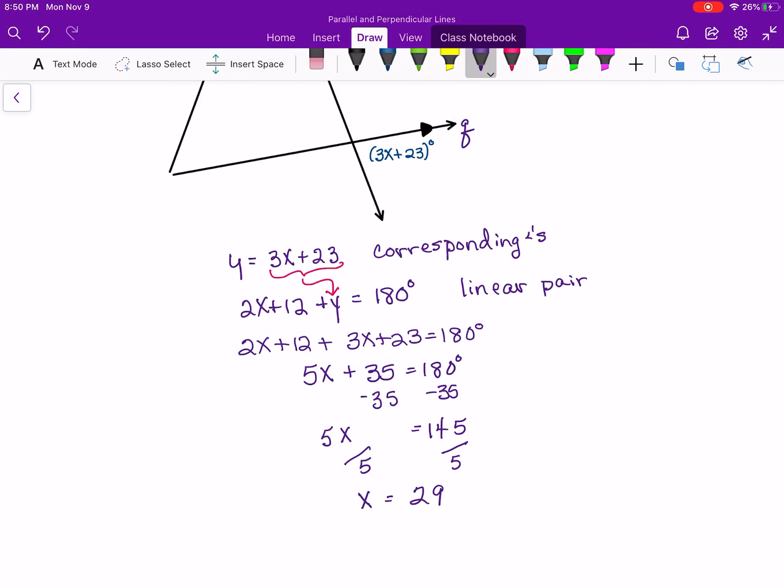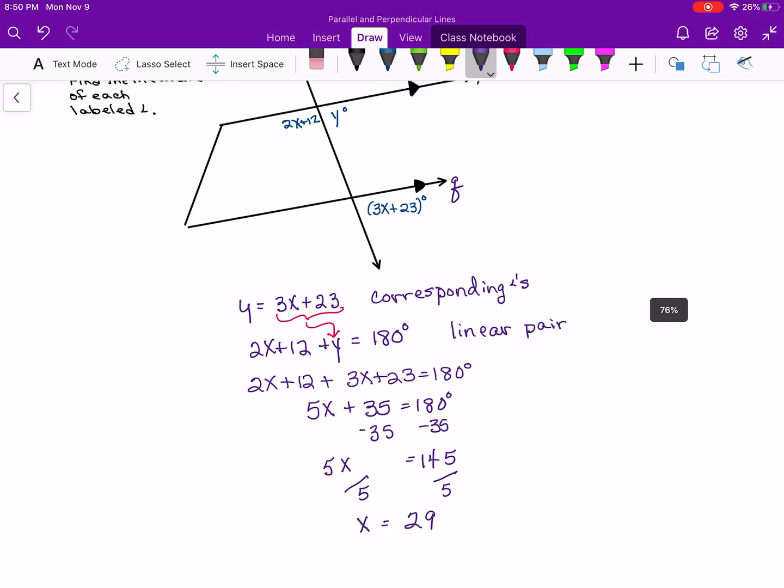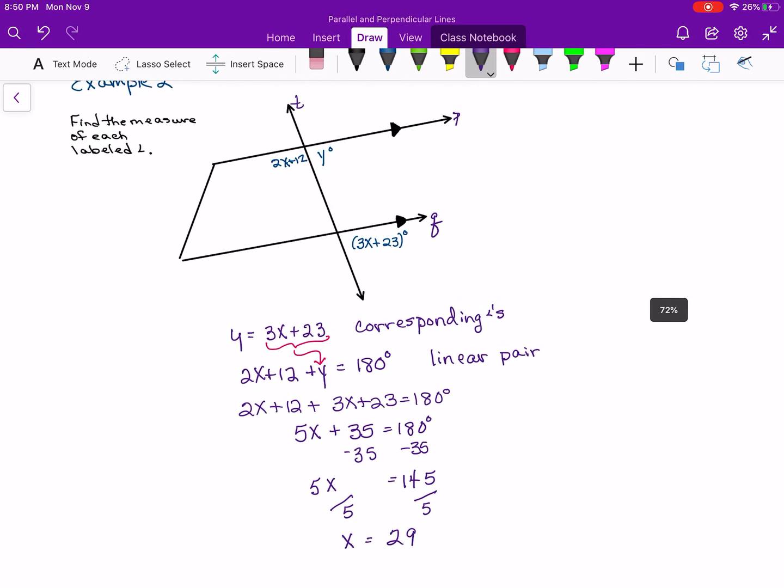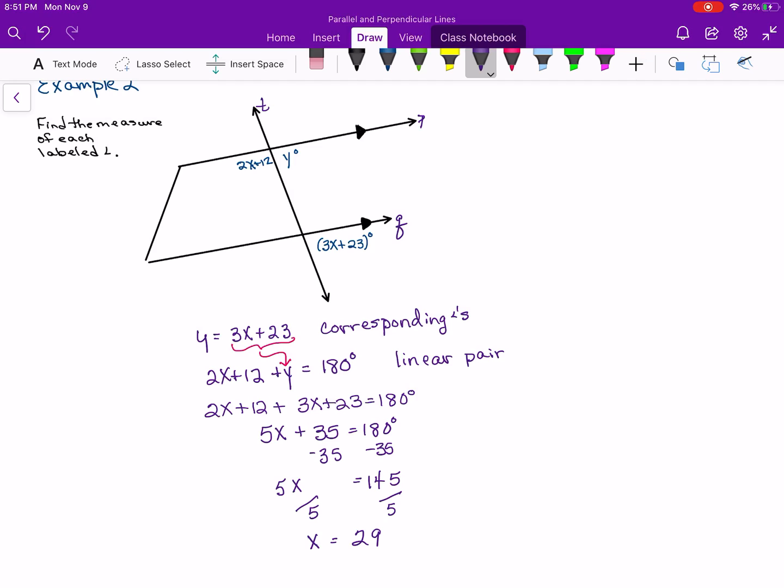29. Now, we have found x, but that's not what we're looking for. We were asked to find the measure of each labeled angle. So I'm going to take that 29 and substitute it in for x in the 2x plus 12. 2 times 29 is 58.